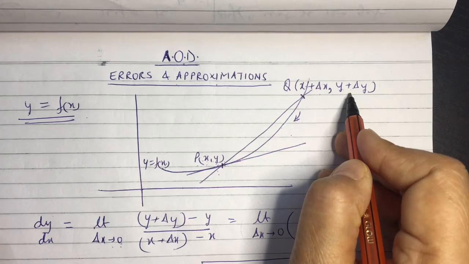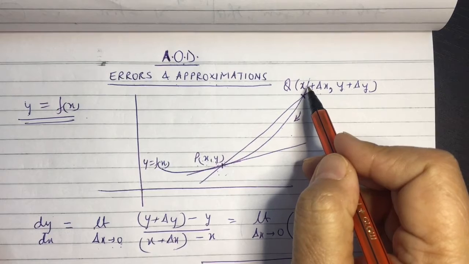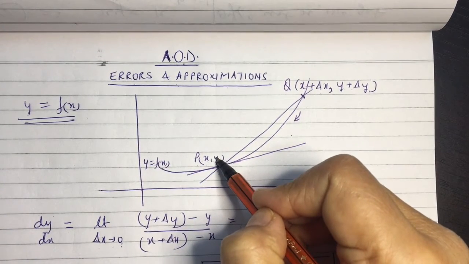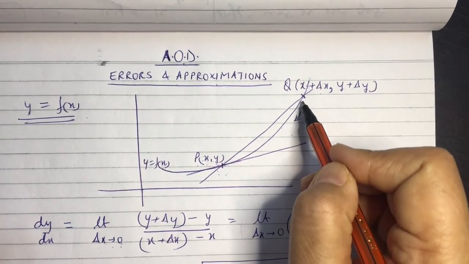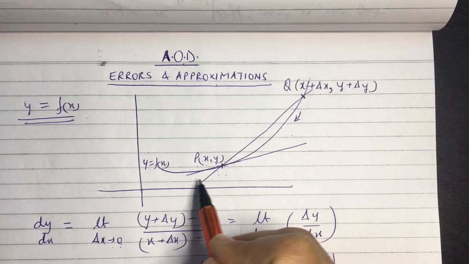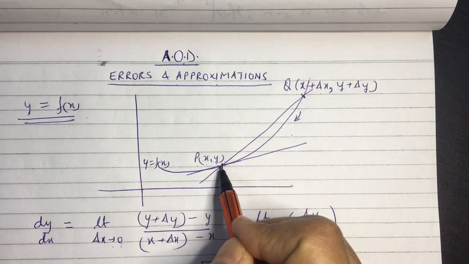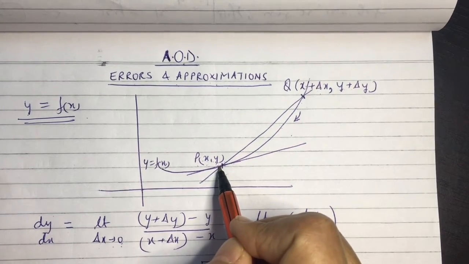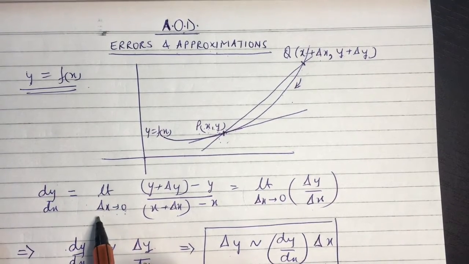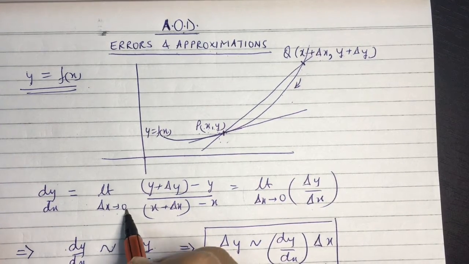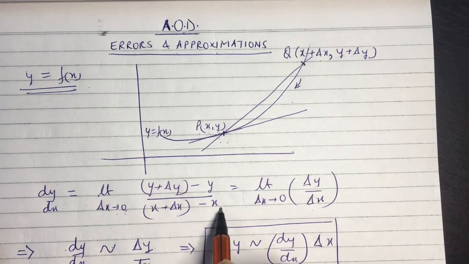And as we are already aware, the ratio of the difference in the y coordinates to the difference in the x coordinate gives us the slope of this line PQ, and in the limiting case the slope becomes the slope of the tangent to the curve at P, which is also called the derivative at the point P. So let's write that. dy by dx is the limiting case, as the increment delta x tends to 0, of the ratio of the change in y coordinate to the change in x coordinate.